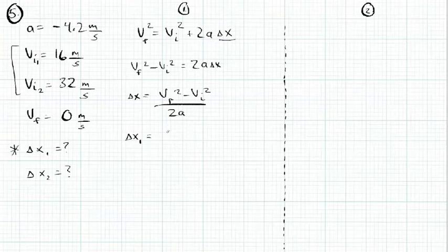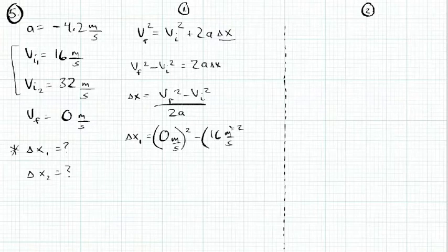In both circumstances, it's 0 meters per second, the quantity squared, minus vi1, because we're testing the first velocity, 16 meters per second, the quantity squared, all over 2 times the acceleration. The acceleration is negative 4.2 meters per second squared.